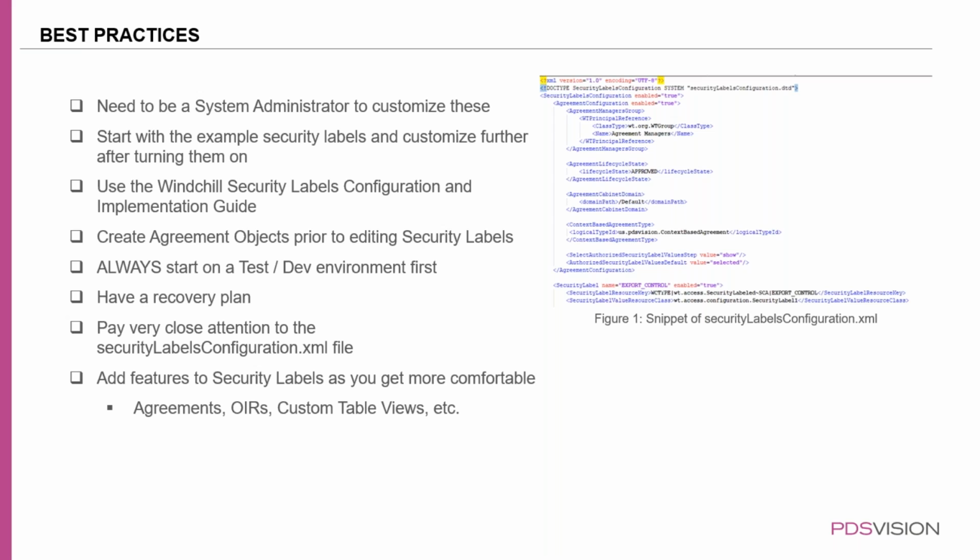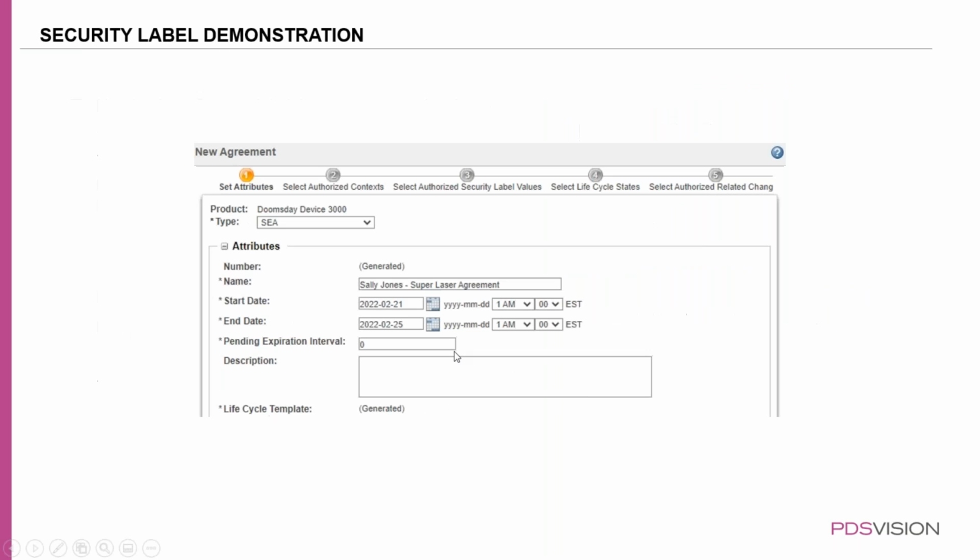You can create things like custom table views and do reports. But those are things we'd recommend doing once you start to understand security labels. After you get them turned on and get a little more familiar with them, then we'd recommend going down this more customizable path. I won't be talking about things like OIRs really, because that's a bit more in depth. Here we're just trying to show you what security labels are and what they can do for you.